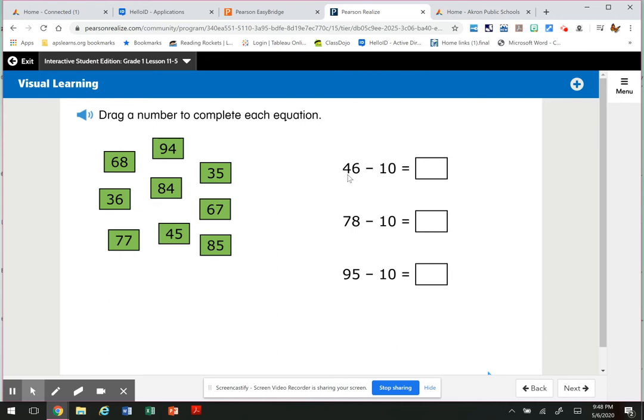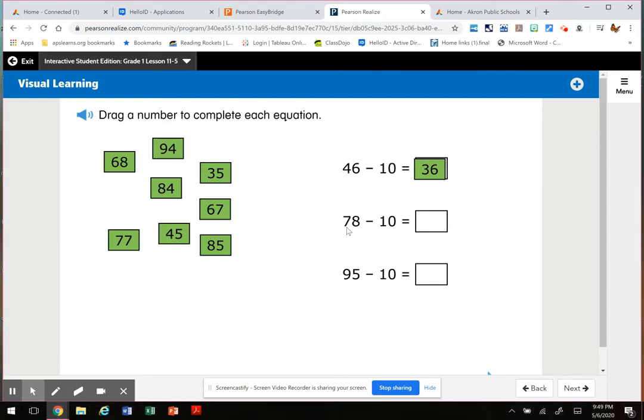So we're looking for 36. We have 78 minus 10. When we decrease the 7 by 1, we get a 6. So we're looking for 68. We have 95 minus 10. If we decrease that 9 by 1, we're looking for 85.